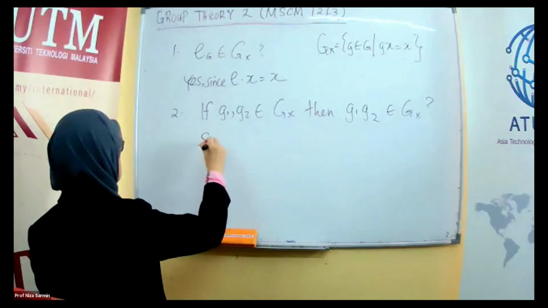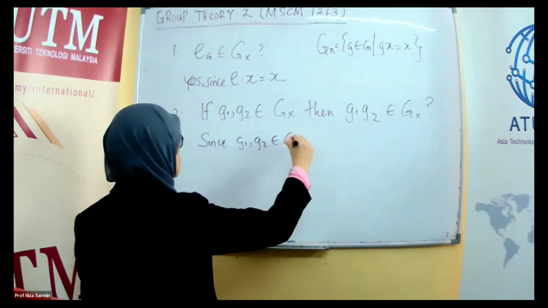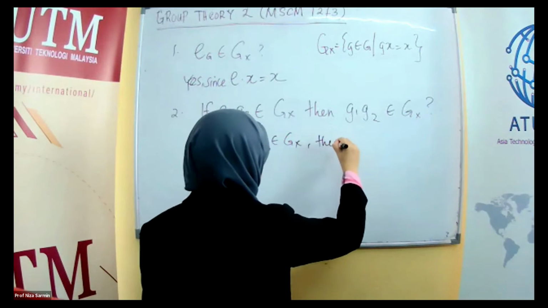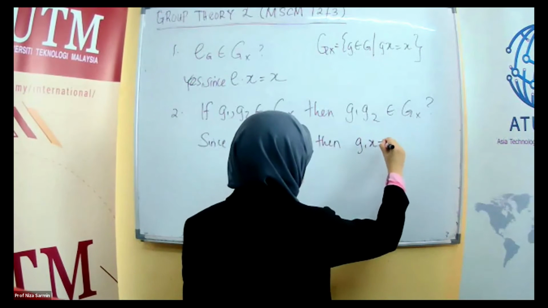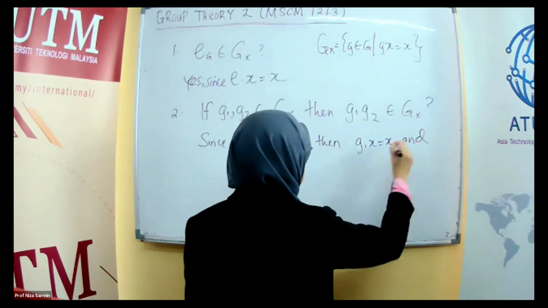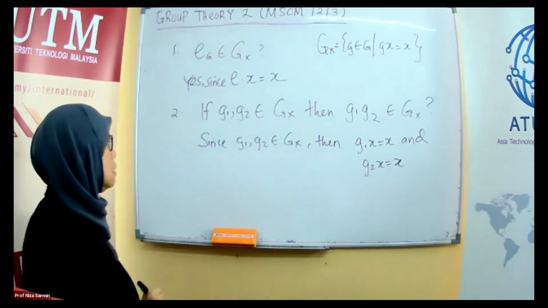Okay, since G1, G2 in Gx, then G1x is x and G2x is x.